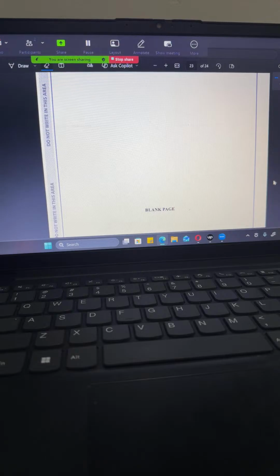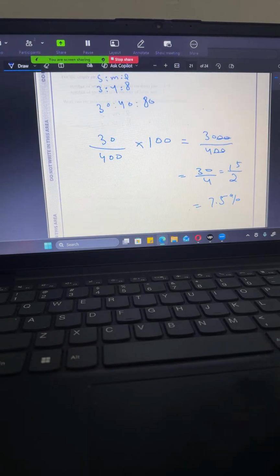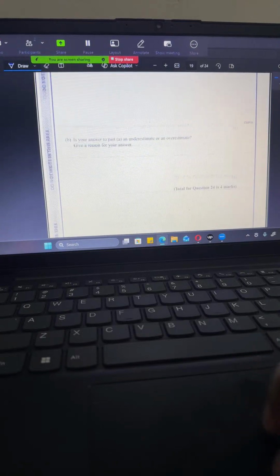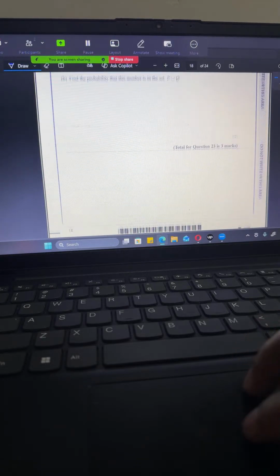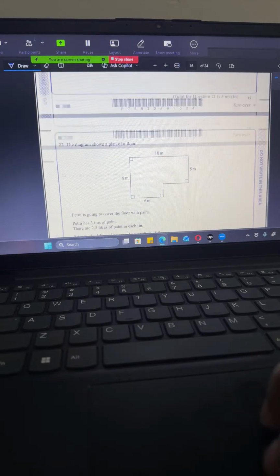I can't find it in my book right now. We have probability, Venn diagram. I think we did ratio and graphs. We did graphs, area problems.